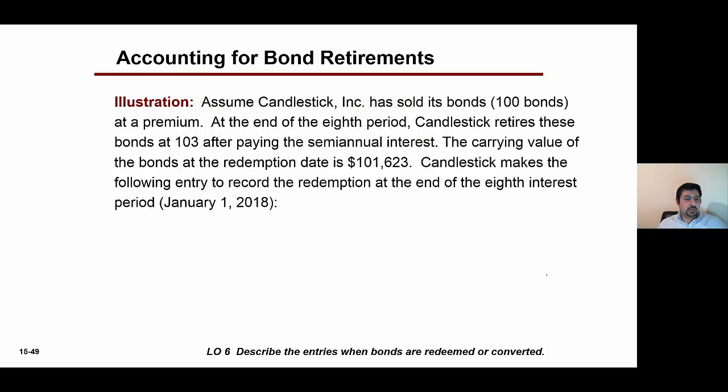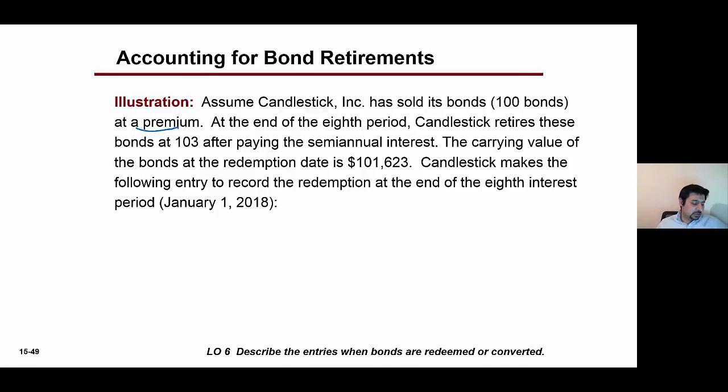Assume Candlestick Inc. has sold its bonds, 100 bonds, at a premium. At the end of the 8th period, Candlestick retires these bonds at 103 after paying the semi-annual interest. As we mentioned, interest payments are done separately.